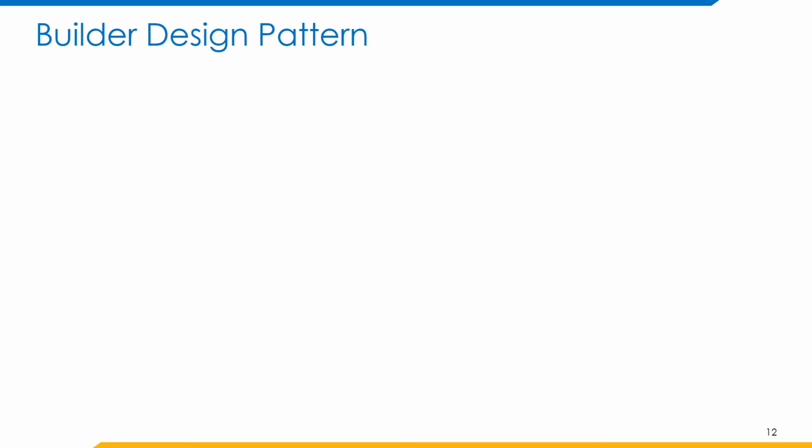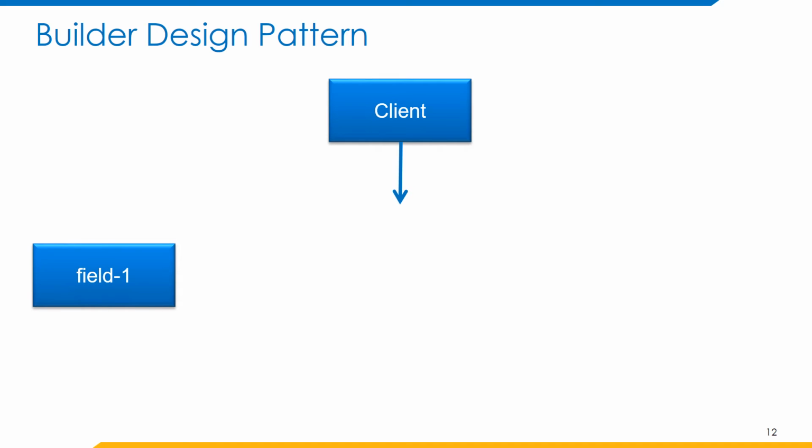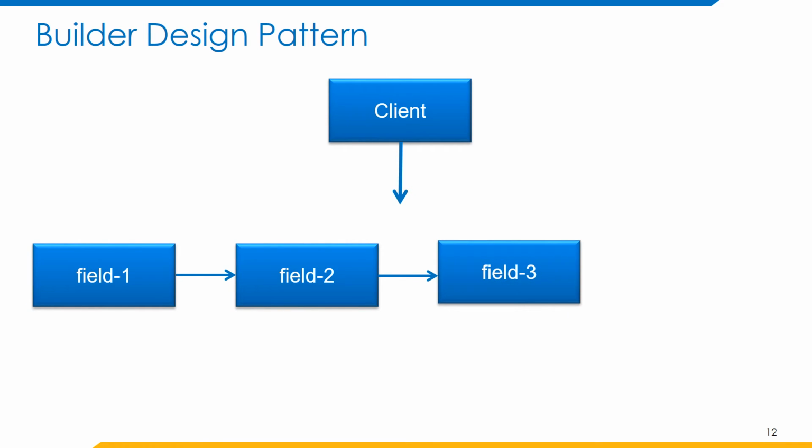In that case, we will create a procedure for one object's creation and implement it in another object. Suppose there is one client, and first it creates one object called field1, then another object field2, another object field3, and another object field4.